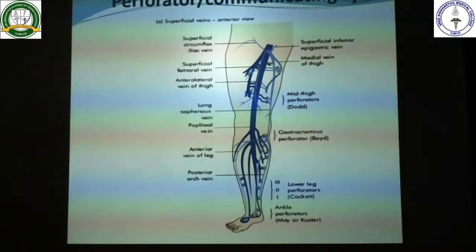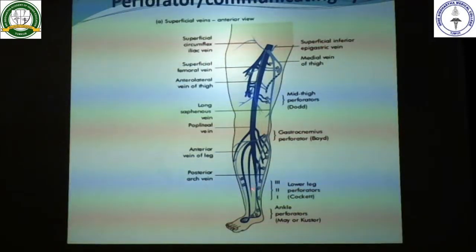Then one more system called the communicating system, which communicates between the superficial and deep venous systems by perforators. You should know some of the perforators all along the venous channel, and they are named perforators. These are called ankle perforators, means these are the perforators in the ankle region. It's also called May or Kuster's perforator.